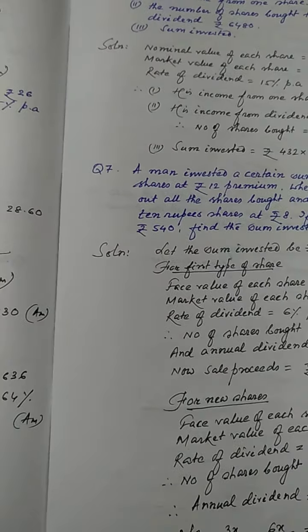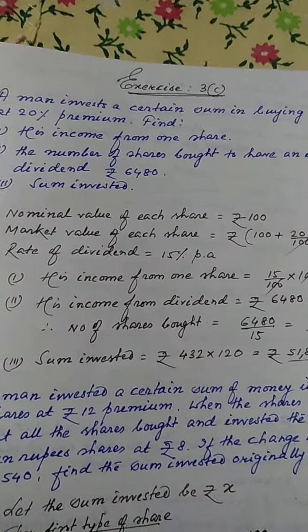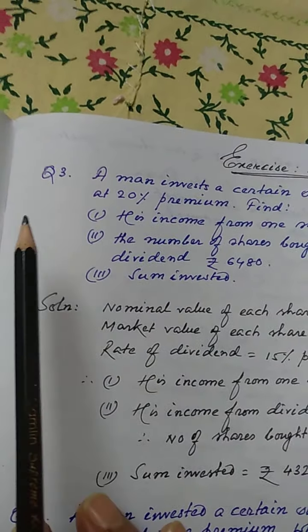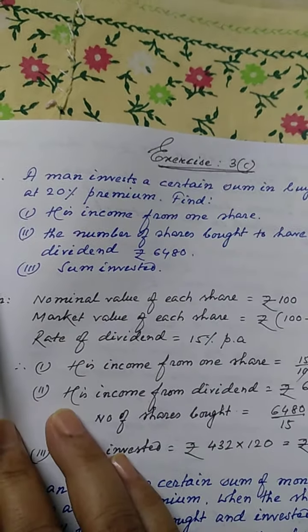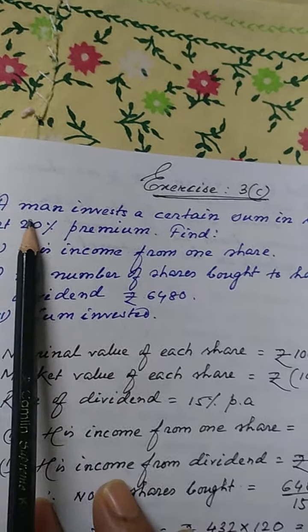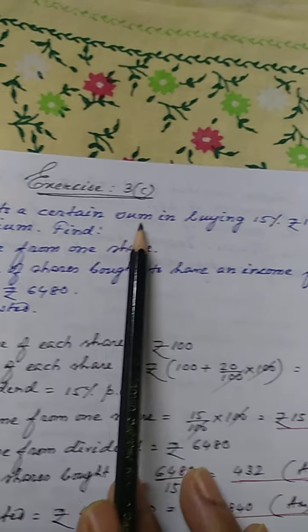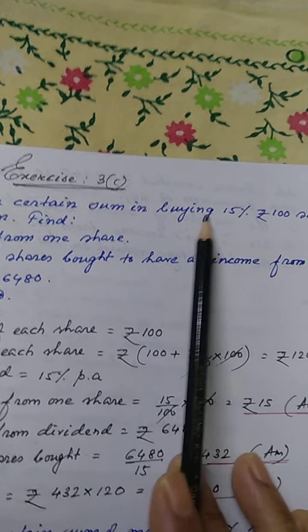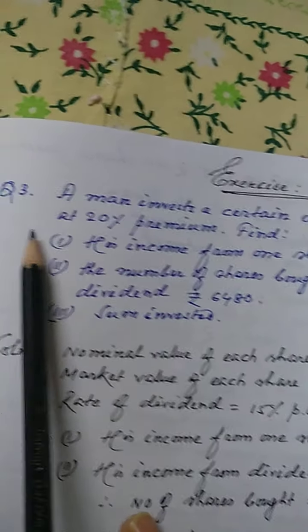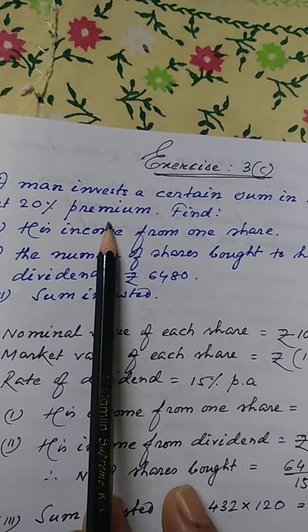Now I'll show you few sums from exercise 3C also. Here is sum number 3 from exercise 3C. It's given a man invests a certain sum in buying 15% rupees 100 shares at 20% premium.